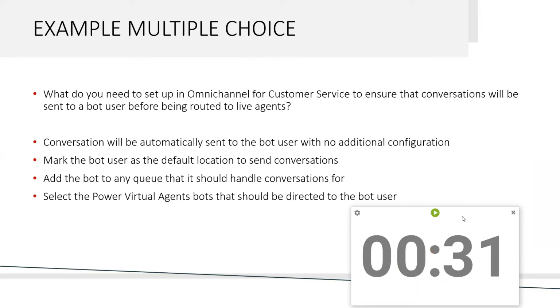Option B, mark the bot user as default location to send the conversation? Option C, add the bot to any queue that it should handle the conversation for? Or option D, select the Power Virtual Agent bot that should be redirected to the bot user? So let's get your answers on the chat, and let me start the timer now.